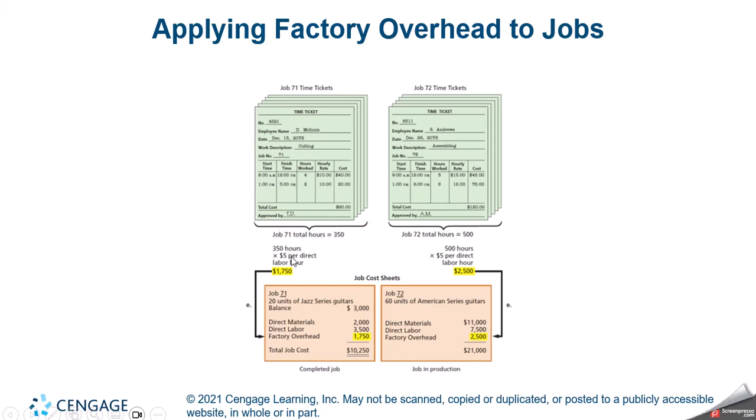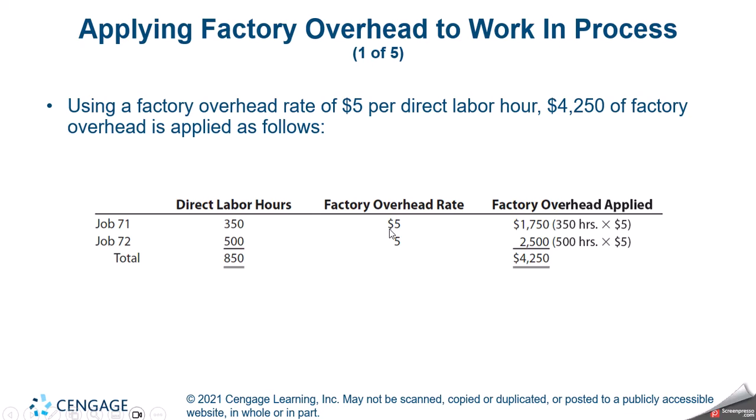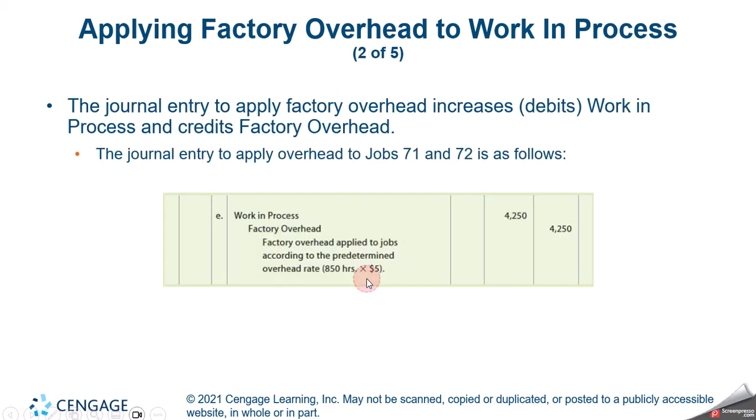So that times our $5 allocation rate is how we'll allocate the overhead. So again, we do that for each job. Now we have all three components of product cost: direct materials, direct labor, and overhead, and they've all been charged to the job. So again, here that shows it worked out.